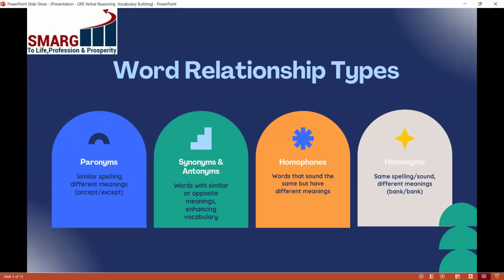Spelling-wise, they're different, sounding extremely similar. That's homophones. And then homonyms. Nyms again: synonyms, antonyms, paronyms, homonyms. We are talking about spelling and structure. So homonym, literally the same spelling, different meanings. Are all the five definitions clear to everyone now?